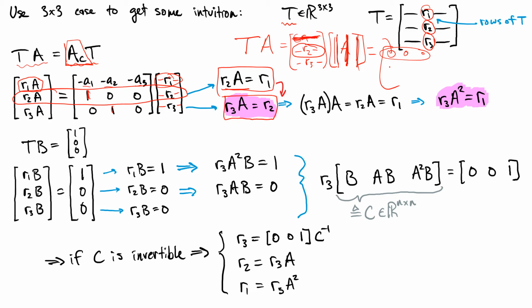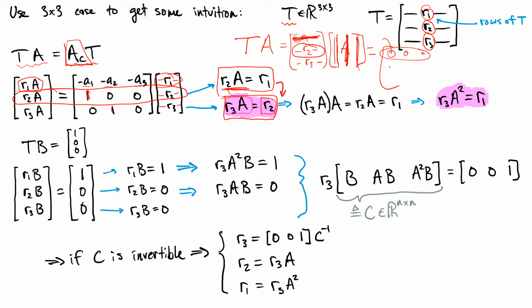So we have that R3A is equal to R2, and now I'm going to do a little manipulation with these two to combine them together. So when I see R2A here, I'm going to plug in what I have here. I'm going to plug in R3A when I see R2.